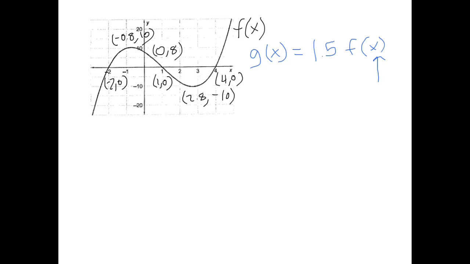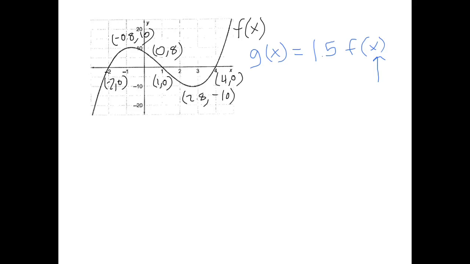The x represents your input value, and f of x represents your output value, or your y value. For our new graph, g of x, we're going to take our f of x output and multiply it by 1.5.